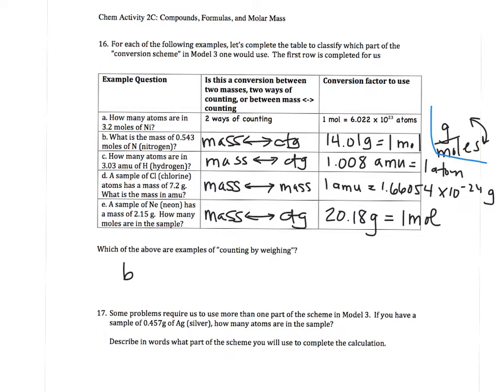It's also the case that sample E, we start with a mass and then we figure out how many moles, so that's counting by weighing. The others are conversions, but they're not examples of counting by weighing.